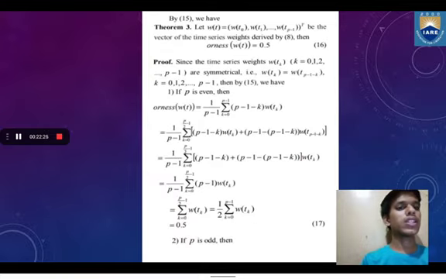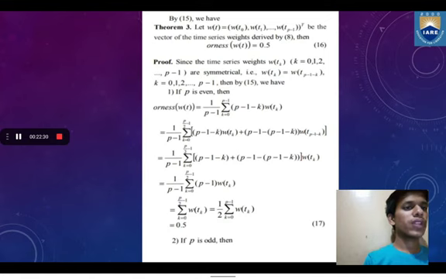So let's begin our third theorem. Let W(t) = (W(t0), W(t1), ..., W(t_{p−1})) be the vector of the time series weights derived by equation 8. Then the orness of W(t) should be equal to 0.5.